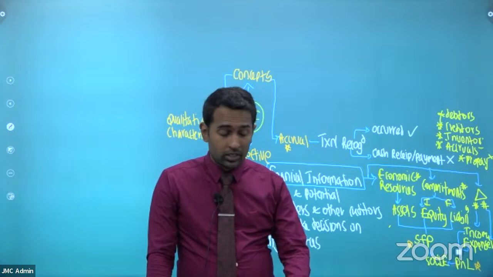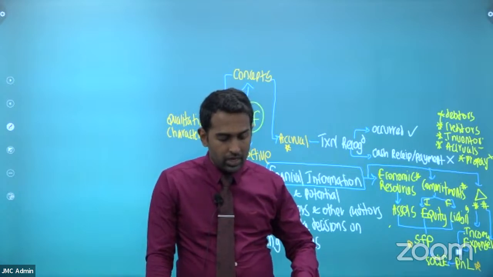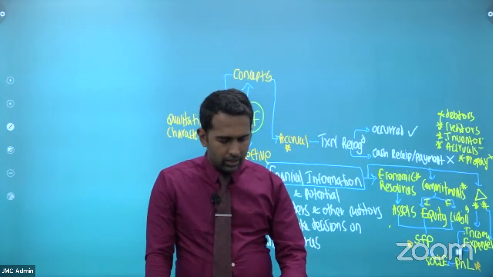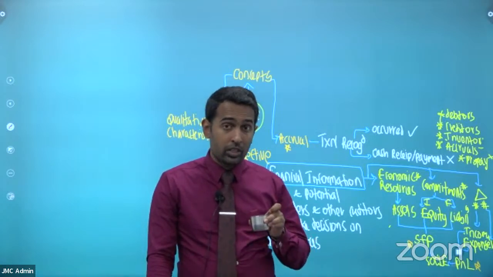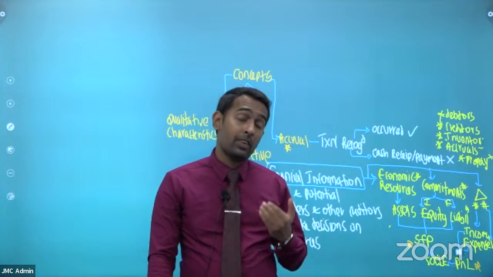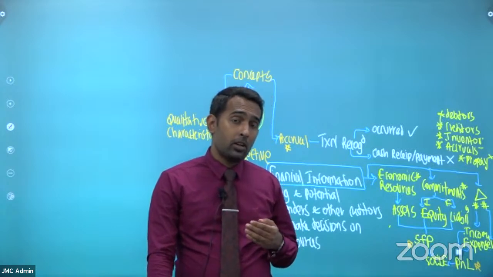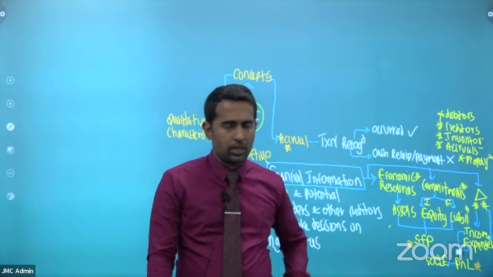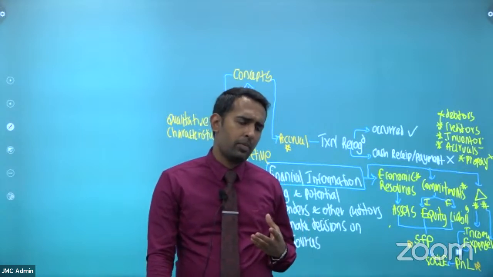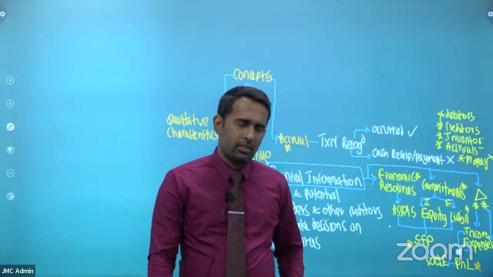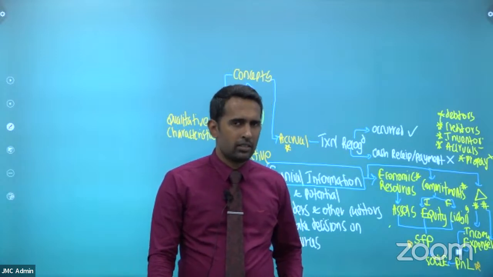So whatever financial statements we prepare, we have a duty and a responsibility to prepare quality financial information. Otherwise, what will happen if the financial information is not of good quality?